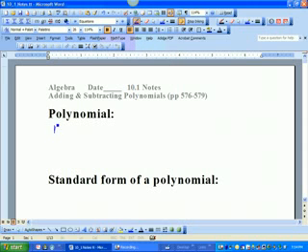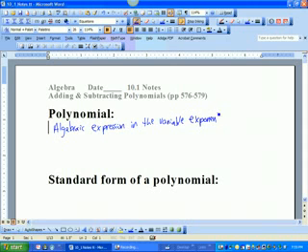First thing, let's define a polynomial. A polynomial is an algebraic expression in which the variable exponents are positive, or at least not negative.